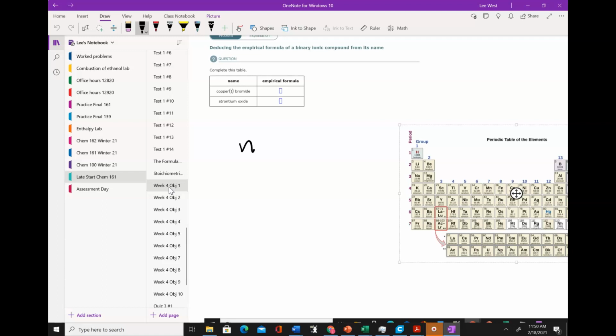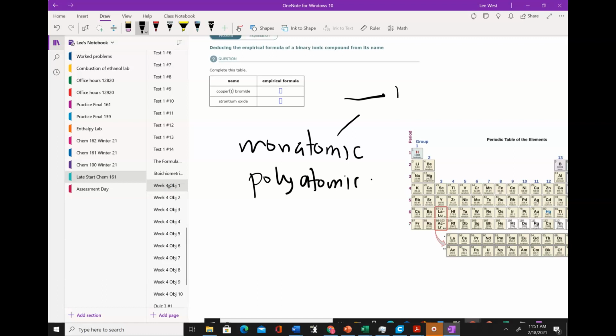There are monatomic and there are polyatomic. So normally we're only going to see polyatomic anions. Occasionally we'll see a polyatomic cation. But monatomic anions all have the stem name of the element they are formed from and the ending -ide. So bromide and oxide look like they're monatomic anions, don't they?